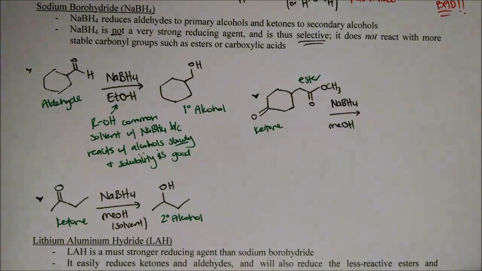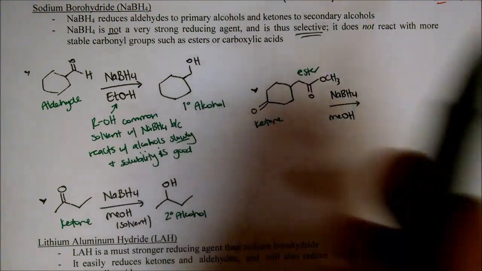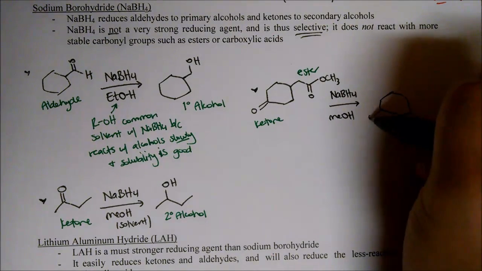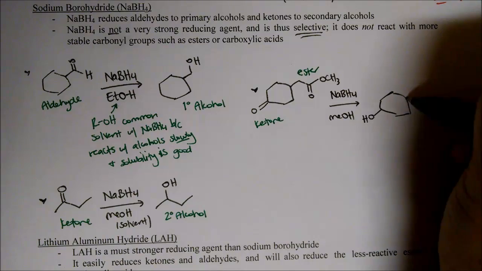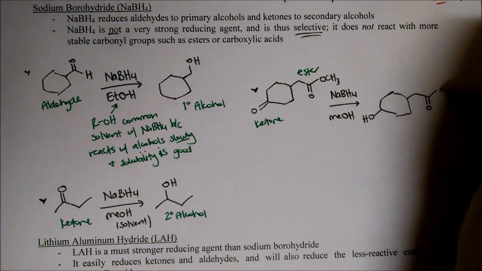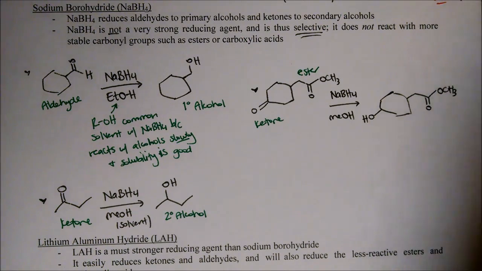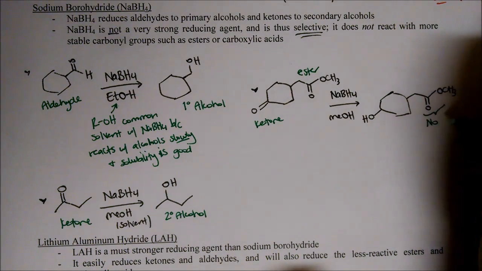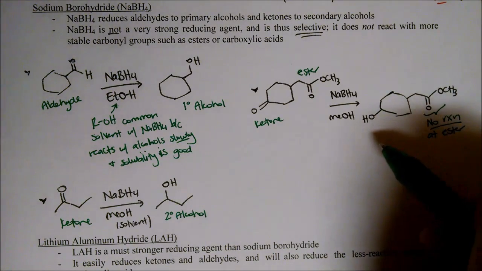It's selective. It does not react with esters or carboxylic acids. So our product is only going to be the reduced ketone, and the ester is going to remain untouched. No reaction at the ester. Just the ketone has been reduced.